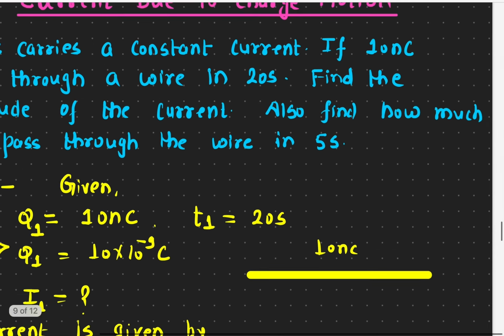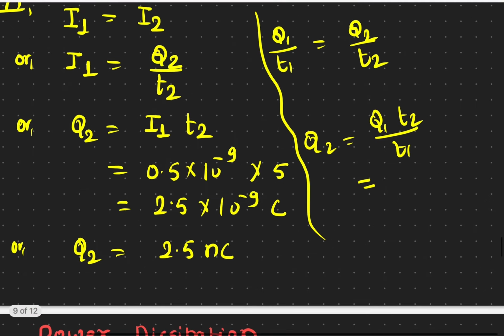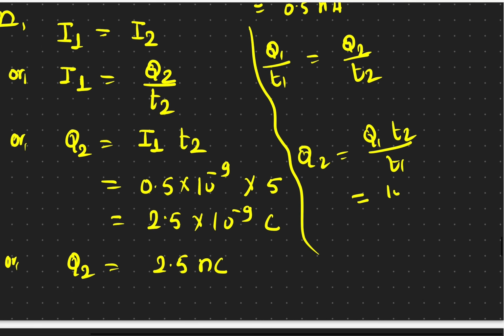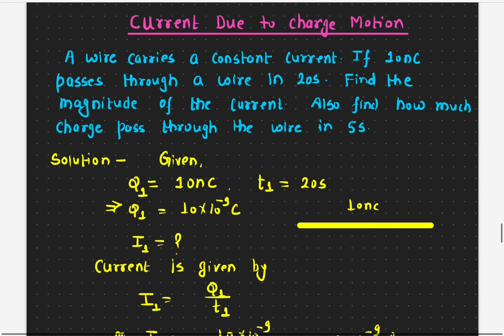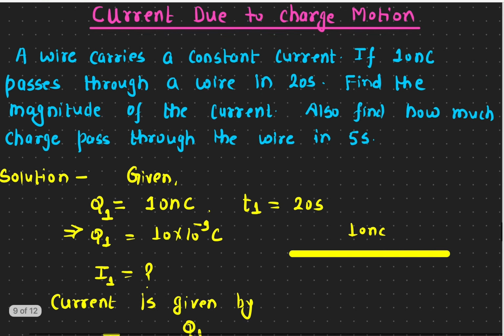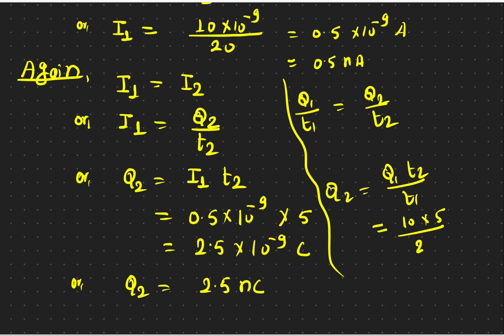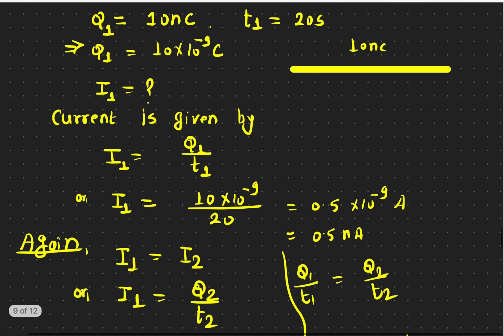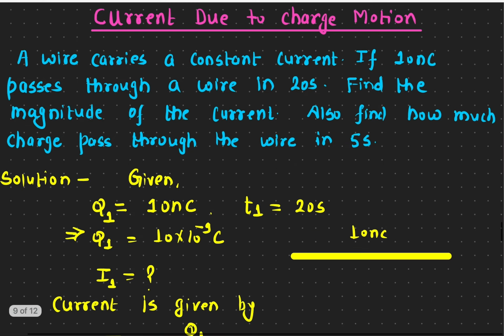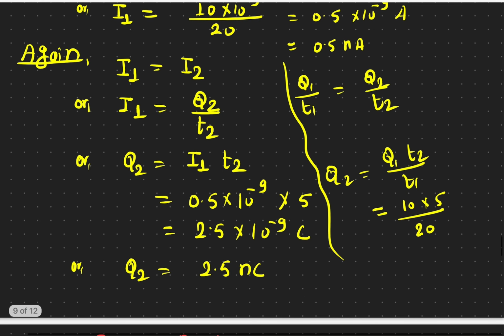It's given, 10 nanocoulomb, right? 10. And T2 is 5 seconds and T1 is 20 seconds. So if you do the math, you'll get 2.5 nanocoulomb.